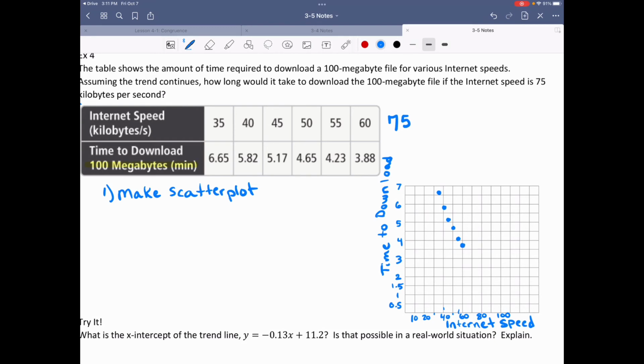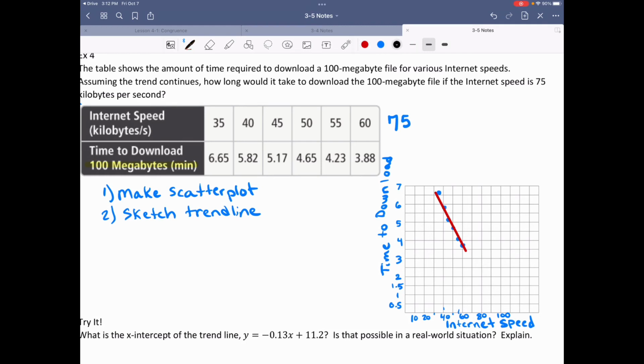The next thing I need to do is sketch a trend line. So that's the line that is going to be going through most of my points, or close to connecting my points. And it appears to be going through some of the actual points, but I don't want to use the actual points from the table.